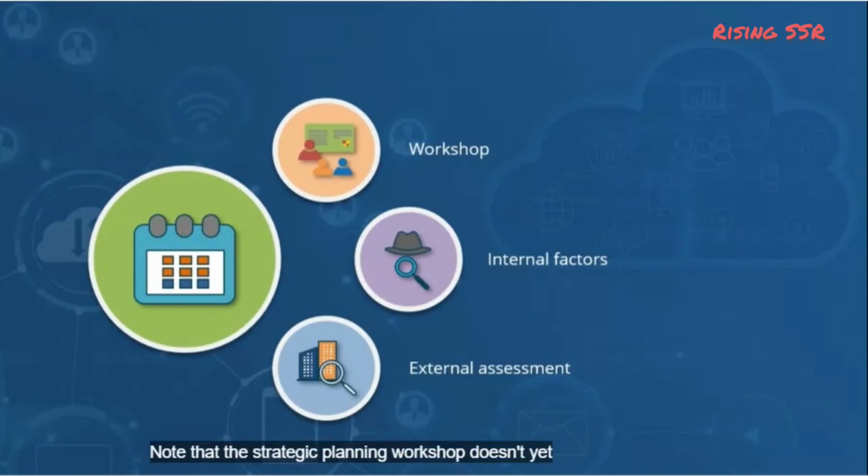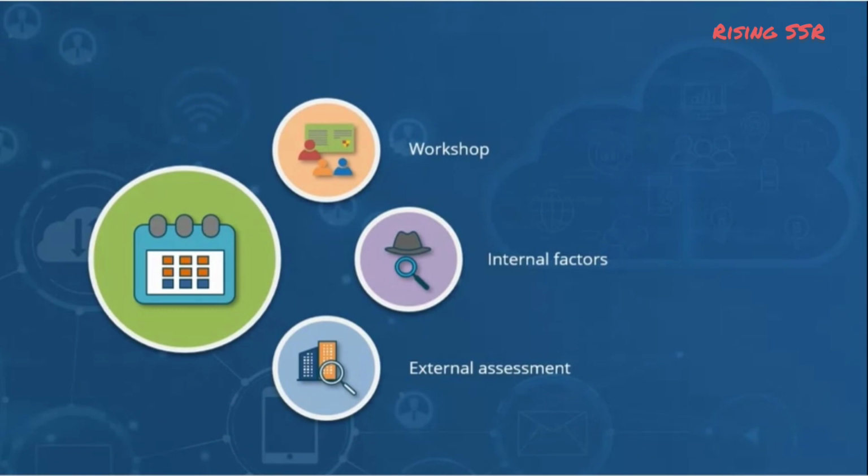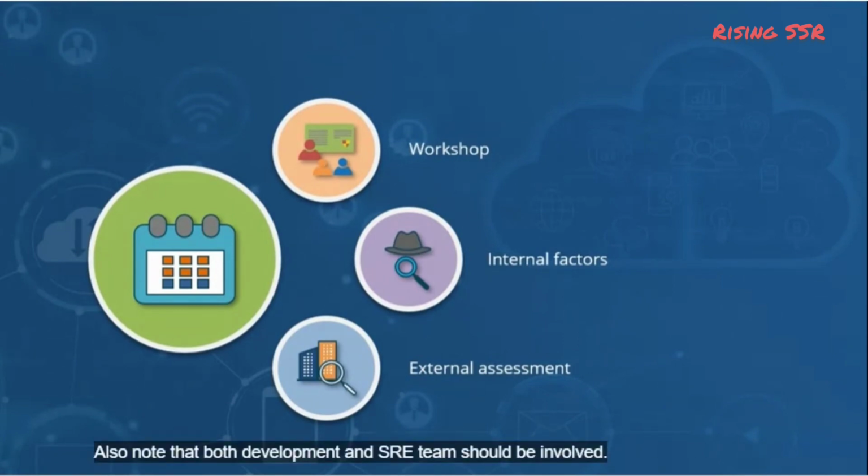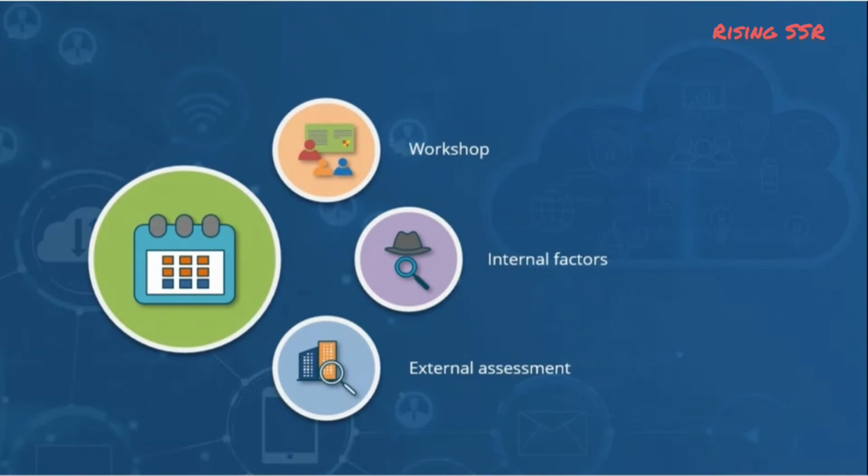Note that the strategic planning workshop doesn't yet consider the actual design of the service, but is rather an analysis of internal and external factors that may affect it. Also note that both development and SRE teams should be involved.